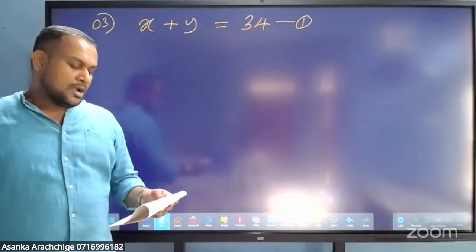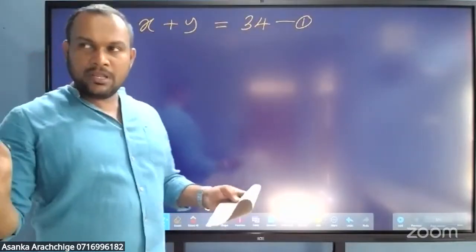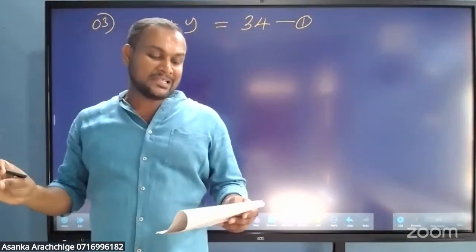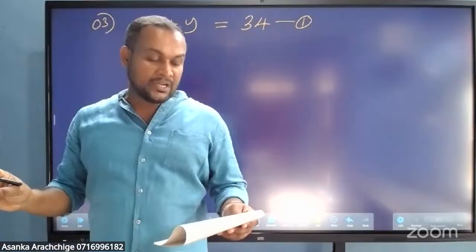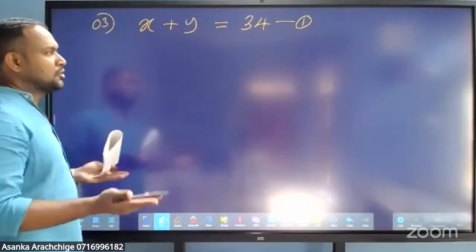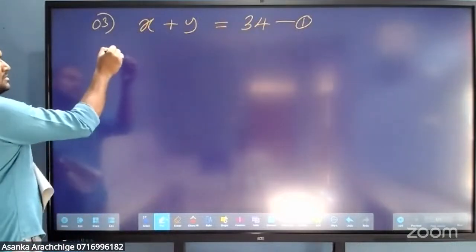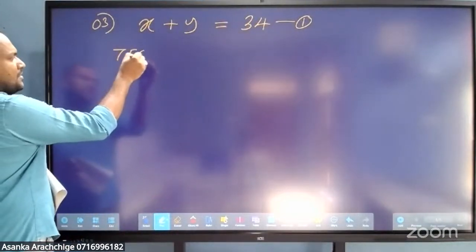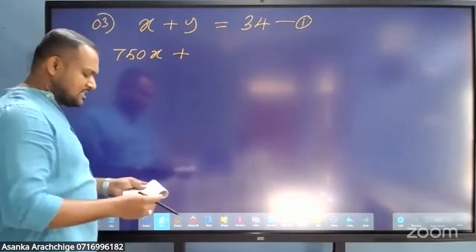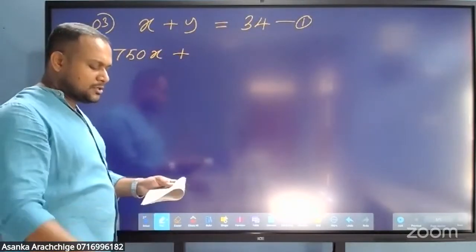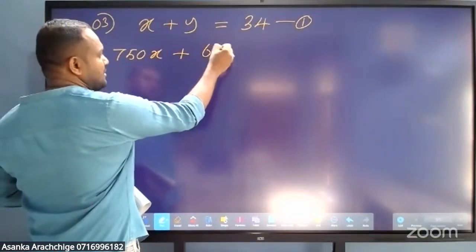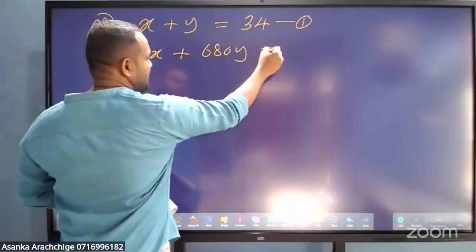Every selected man gets a sarong worth 750 rupees. Therefore the total cost of the sarongs is 750 times x, 750x, and similarly the total cost of the cheetah cloths is 680 times y, 680y.